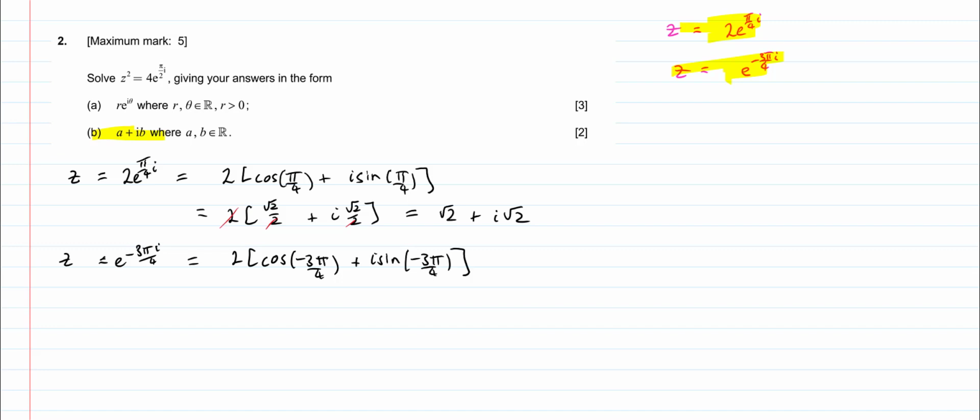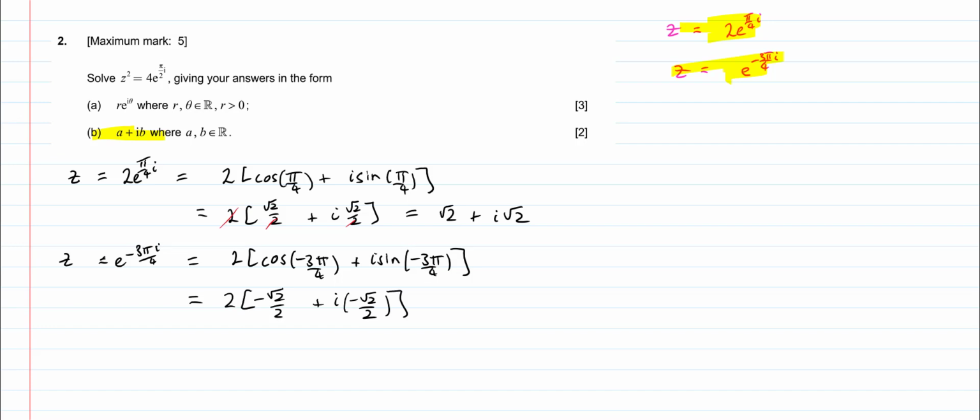So both cos and sine are negative in the third quadrant, and negative 3 pi over 4 is in the third quadrant. So we're going to get that is equal to 2 times, well, cos of negative 3 pi over 4 is negative root 2 over 2, plus i times, and sine of negative 3 pi over 4 is negative root 2 over 2.